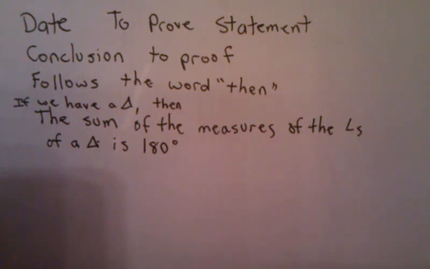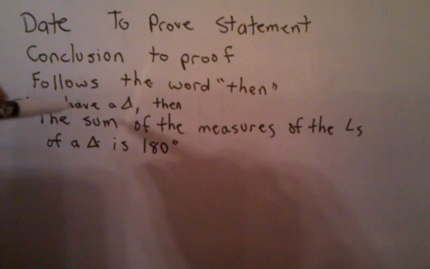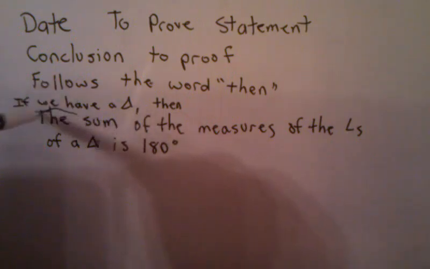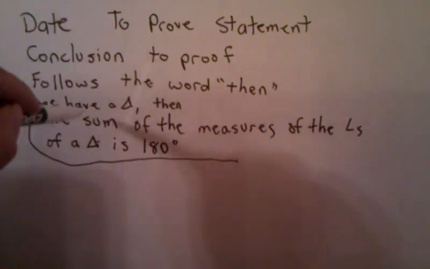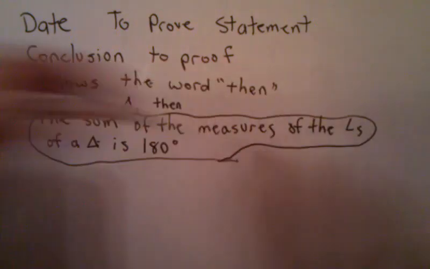Okay, so my to prove statement is everything after the word then. This is my conclusion to prove. This is what I'm trying to prove: the sum of the measures of the angles is 180 degrees.